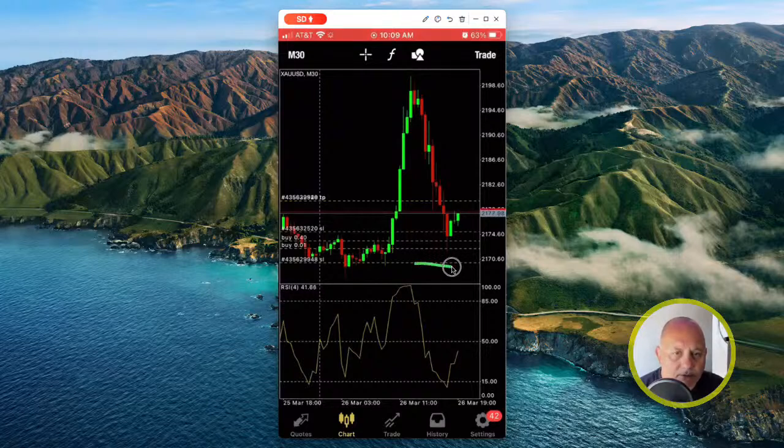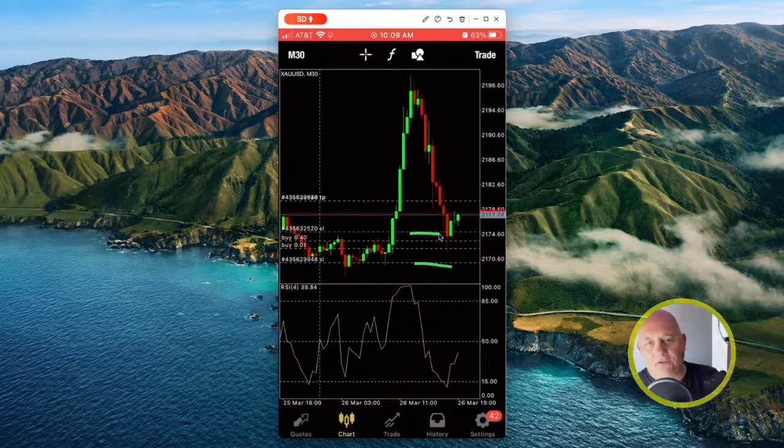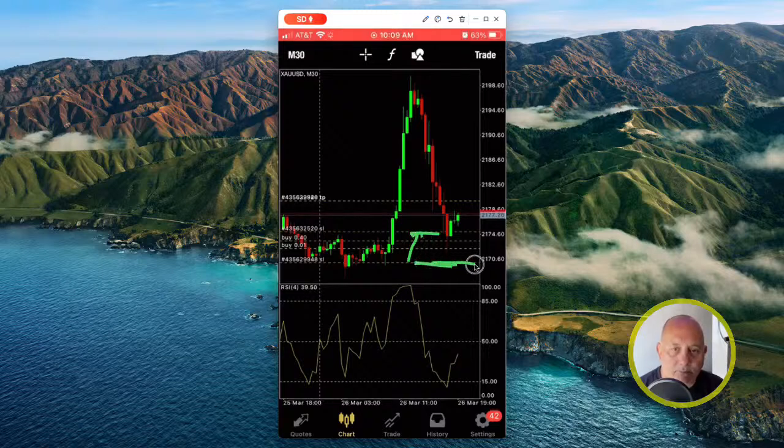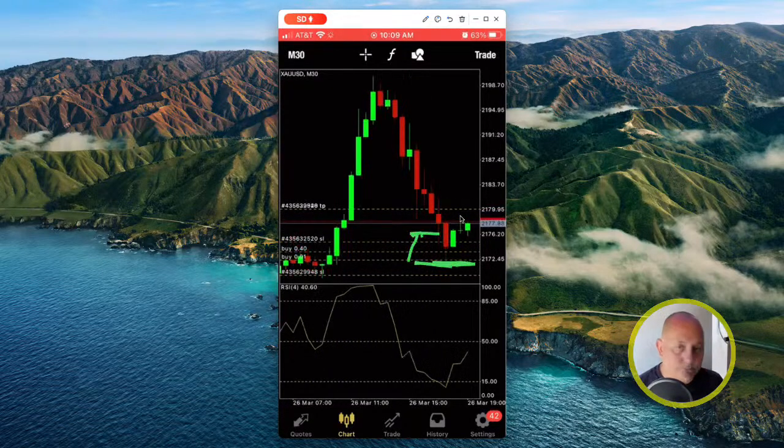So basically, stop loss is here, and there's a stop loss here. So both the auto trade and my manual trade, I set a stop loss. The auto trader moved the stop loss up to here. I kept mine down here just to give it a little bit more breathing room. And if I zoom in, you can see the take profit for all of the trades is right there.